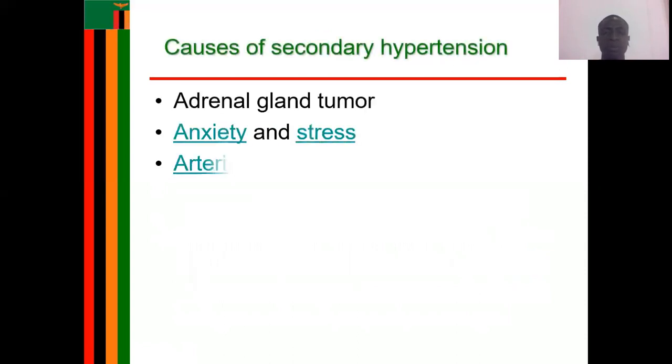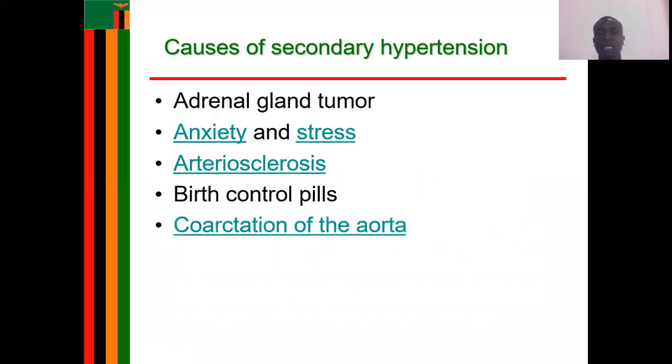Causes of secondary hypertension: we have adrenal gland tumors. If you have a tumor or cancer of the adrenal gland, it can cause hypertension. Severe anxiety and stress can cause secondary hypertension.